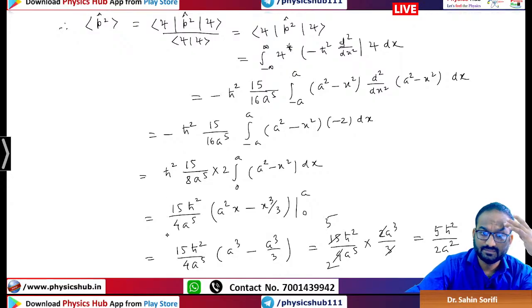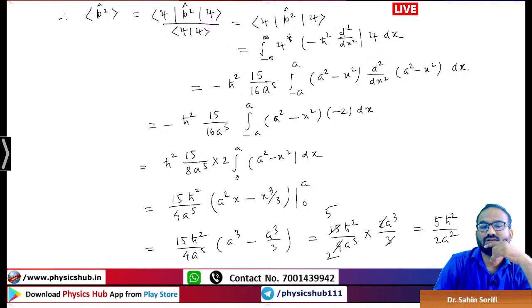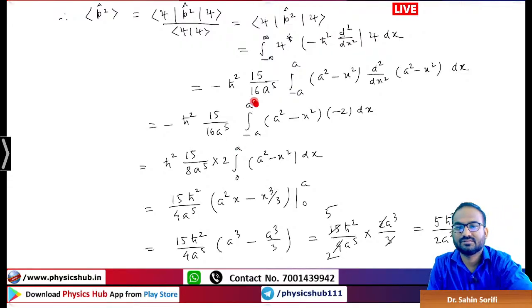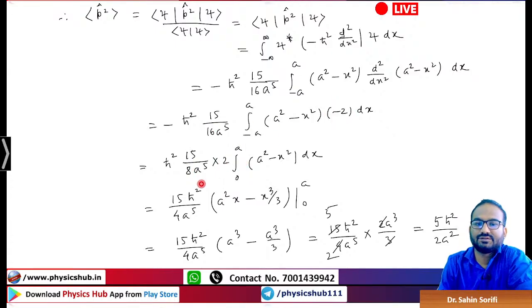Third step from the bottom, this one, this minus 2 and minus becomes 8. This 2 is coming because we have changed the limit from minus a to a into 2 times 0 to a. This 2 is coming by changing the limits, and that makes it 8. Okay, so 2 and 8 is 4 again.